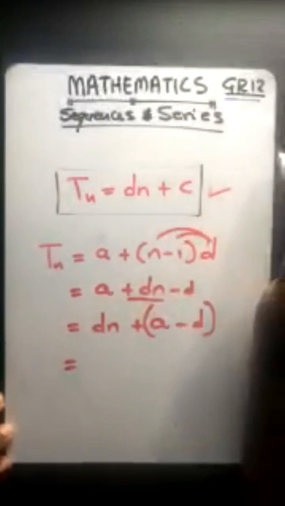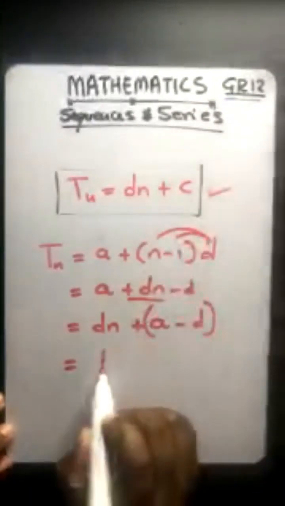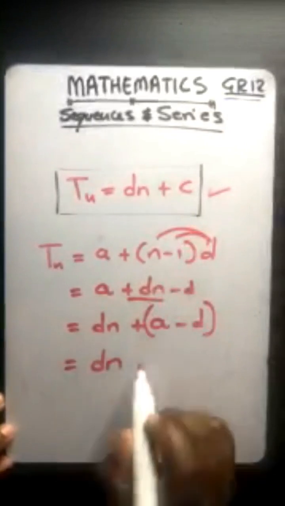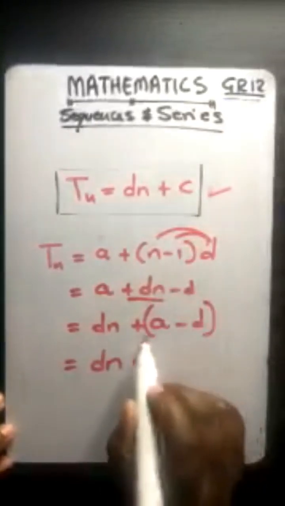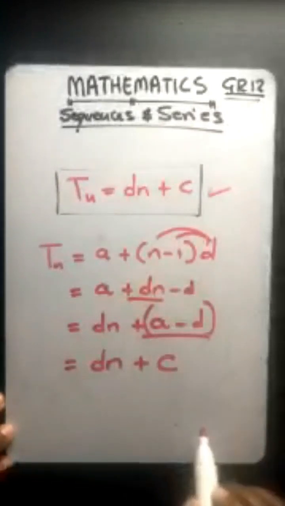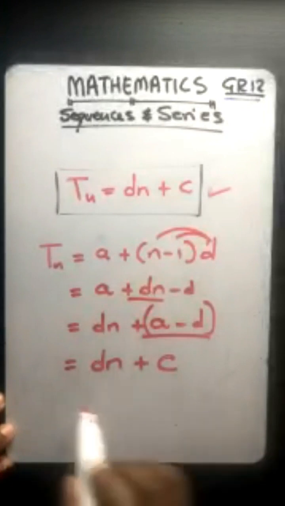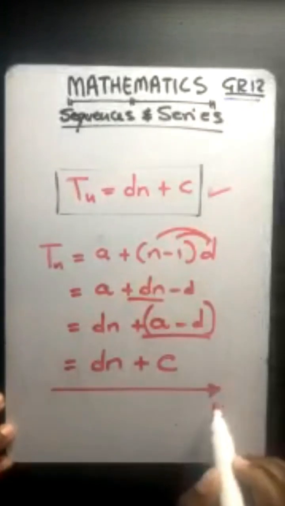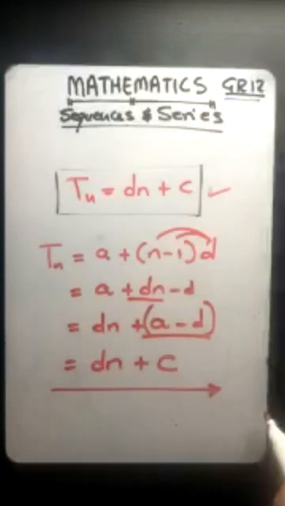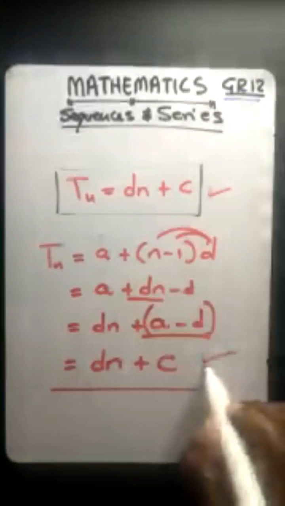So what they did was to say d is d, n is n, and then plus this. They then represent it by C as a constant. That's why you need to know what that C is, which is what I asked the honourable members. They knew how to apply this formula.